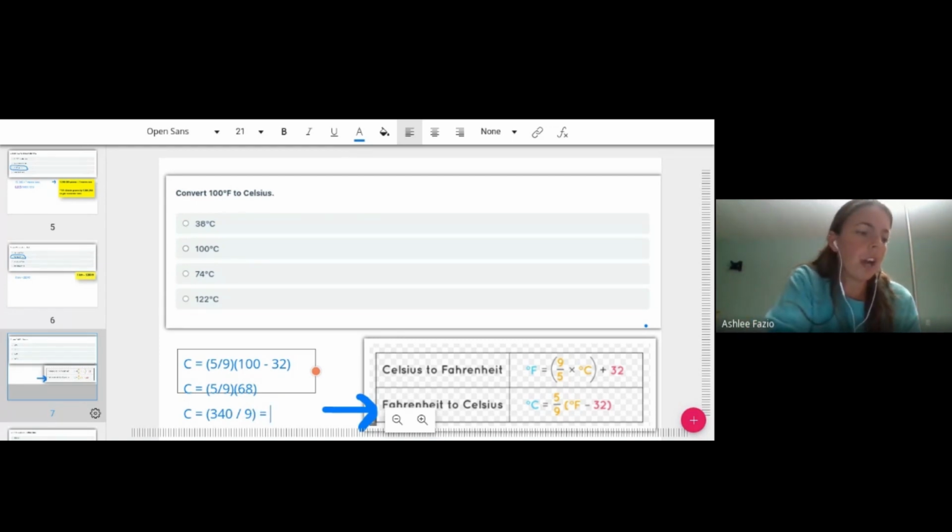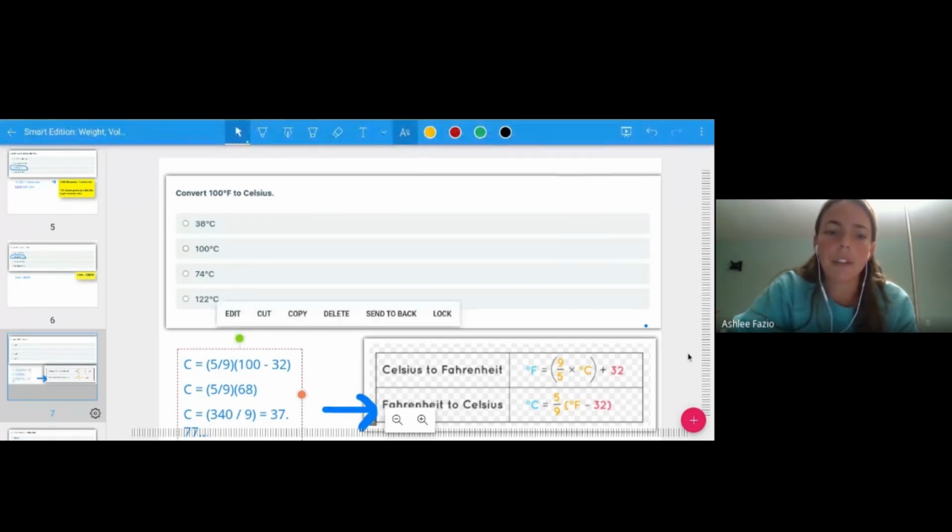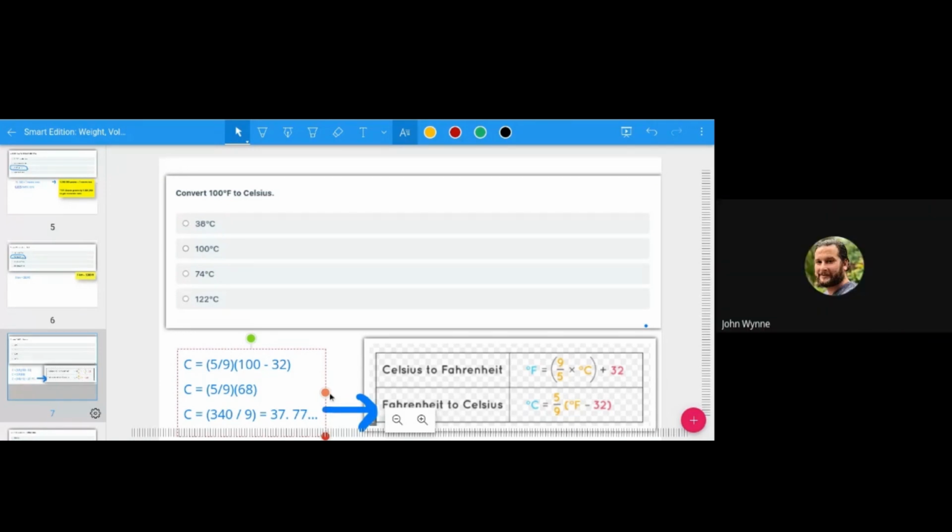And when I do that, if you've plugged this in your calculator the same way I have, you'll get 37.7 repeating. That looks like that's pretty much what everybody had as choice A. So good job, everybody.